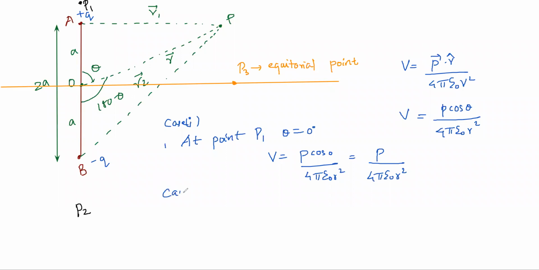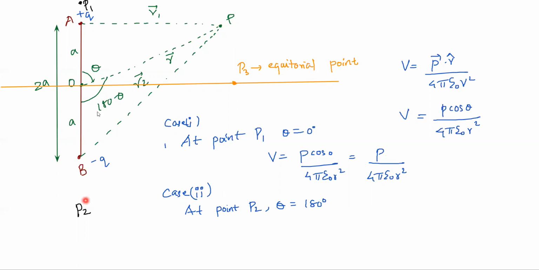And case 2, that is at point P2, we have theta equal to 180 degree, because we have taken this point P2, dragged it like this and kept it here.